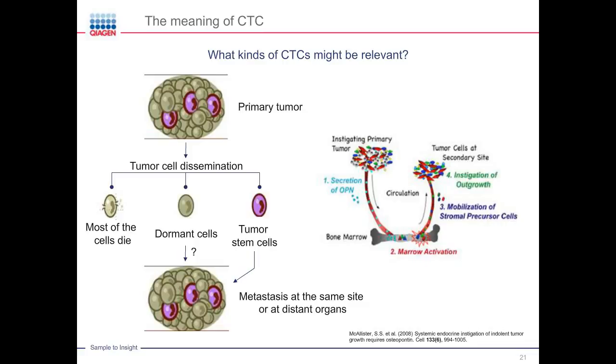The driver of metastasization is a very small population of cells in the tumor tissue known today as tumor stem cells. And these tumor stem cells, for whatever reason, one day get out of the tumor and enter the circulation as a mesenchymal cell, and in the circulation these cells transform to tumor stem cells with the capacity to form metastases.